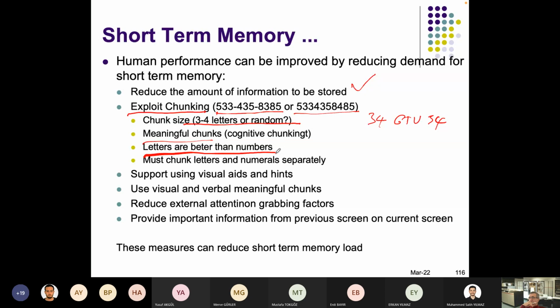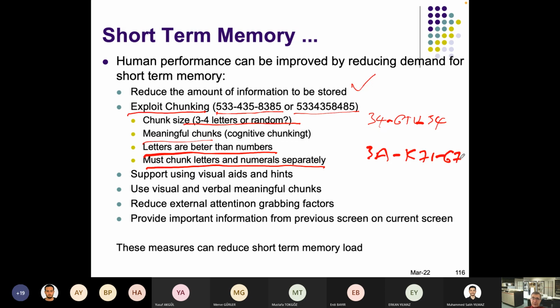And we must separate letter chunks and number chunks from each other like this. So this is much more difficult to remember than the one above, because letters and numbers are mixed.